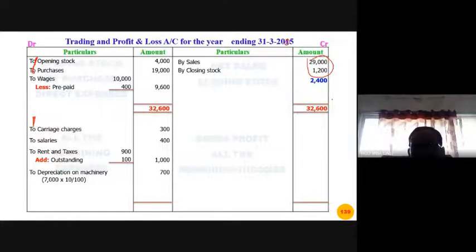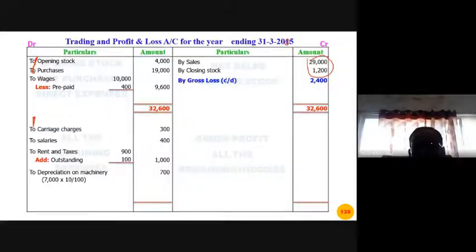It is known as gross loss. When debit is more than credit, the balance is regarded as a loss. When credit is more than debit, that balance is regarded as a profit. By preparing this trading account, we got this gross loss. This business firm has suffered a gross loss.